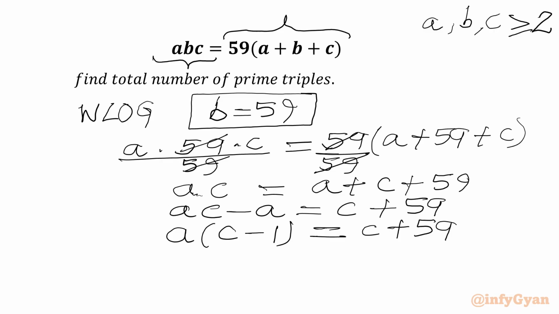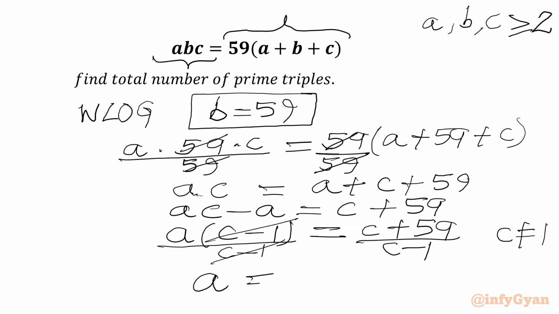Now we will divide both sides by C minus 1. As we know, 1 is not a prime number, so C cannot be 1. So (C minus 1) over (C minus 1) will be 1, and we will get A in terms of C: C plus 59 over C minus 1.